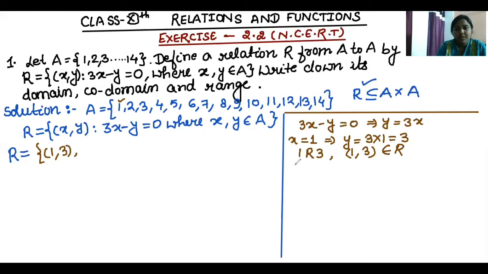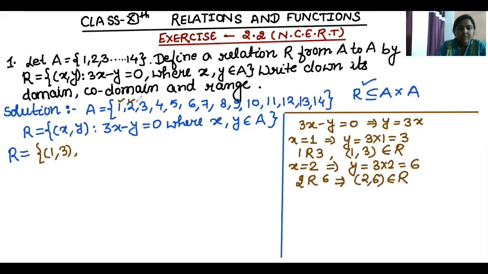Then x equals 2, the second element we are taking. Now we find the y value. It is 3 into 2, so this is 6. So 2 is related to 6. So we can write (2, 6) belongs to R. 2 is in A and 6 is also in A. So (2, 6) is the second element.